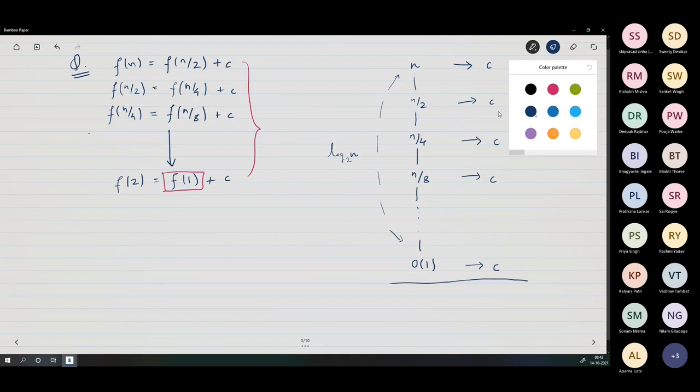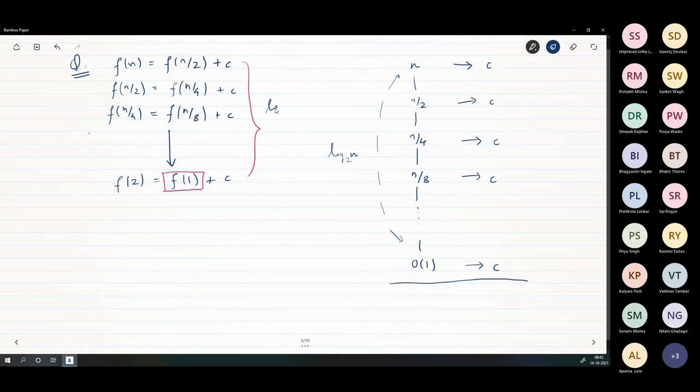Okay, and what is this? This height is log n, log to the base 2 n. So f of n after cancelling terms is just f of 1 plus c times log the base 2 n. But f of 1 is 1, so 1 plus c log n.